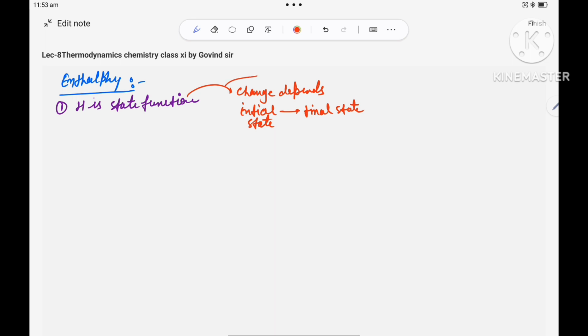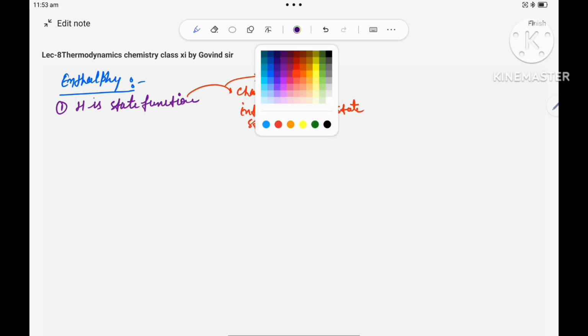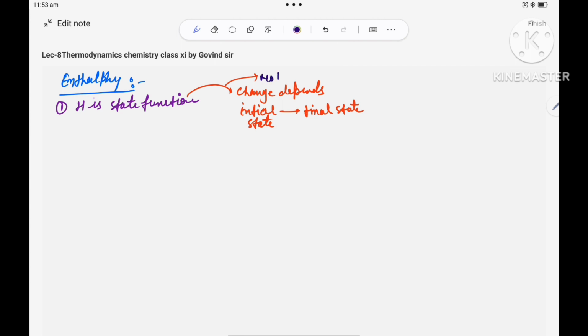So it is not affected by the path followed. That means delta H is equal to H final minus H initial.